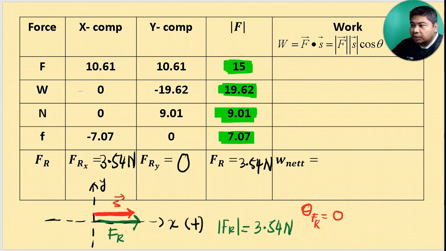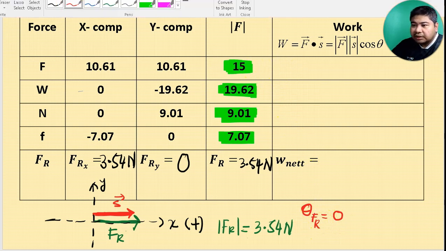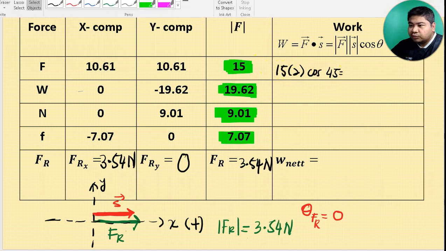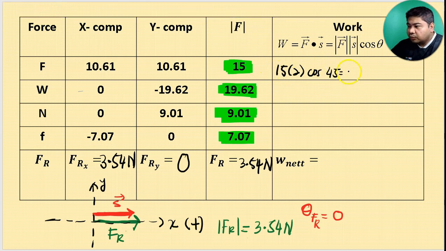Now we are going to calculate the work done by each force. We have the first force, which is the external force. The work done by the external force is 15 times the displacement 2 times cos 45. So 15 times 2 cos 45 is 21.21.